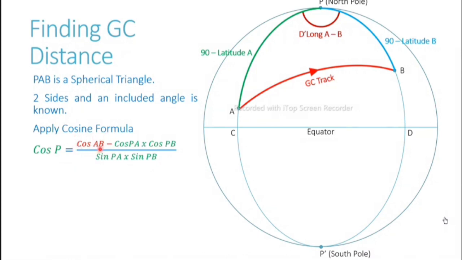That's why it is marked in red. So we put these values in the formula and we can easily calculate the value of side AB. It's a single step calculation in the scientific calculator. Once AB is known to us, we can easily find the great circle distance between these two positions.